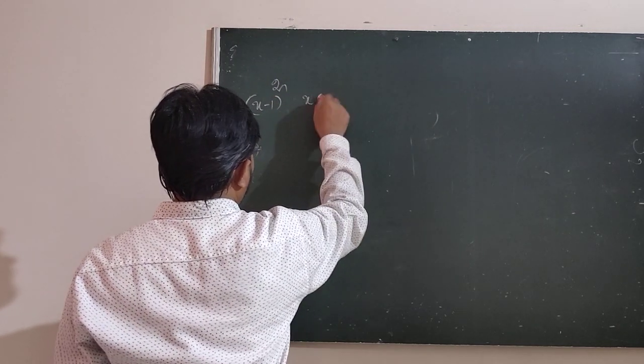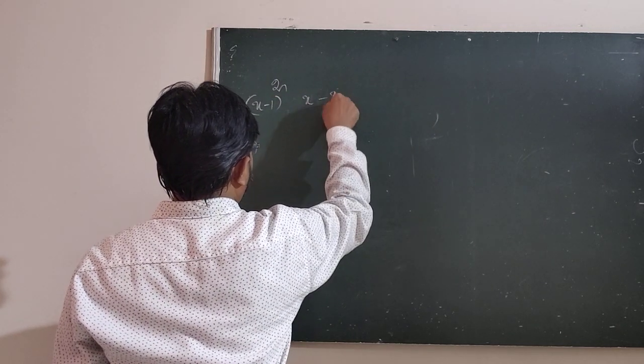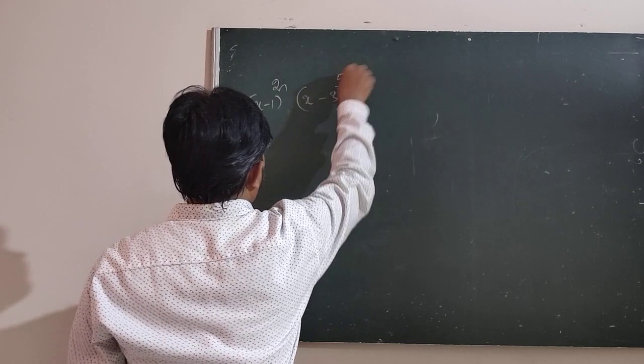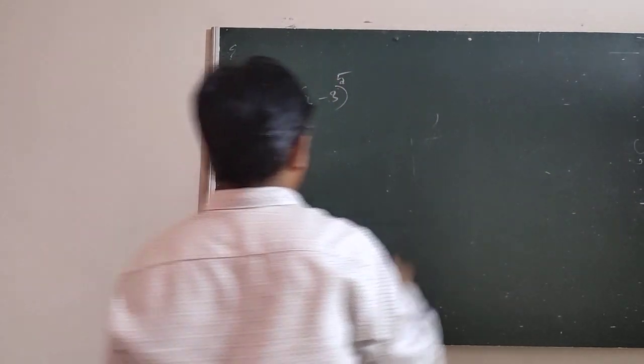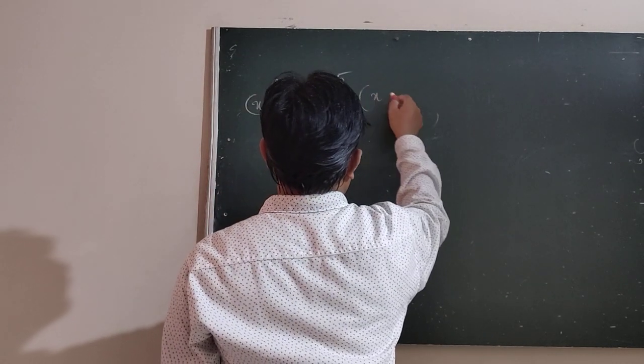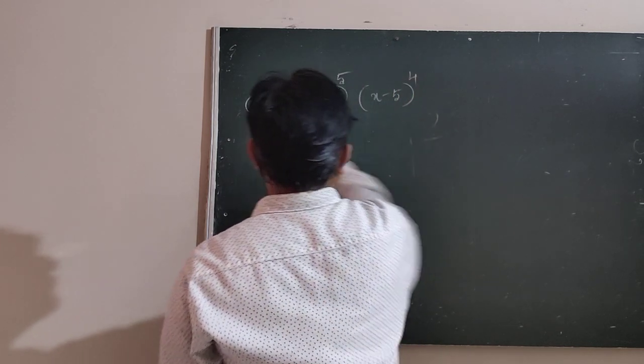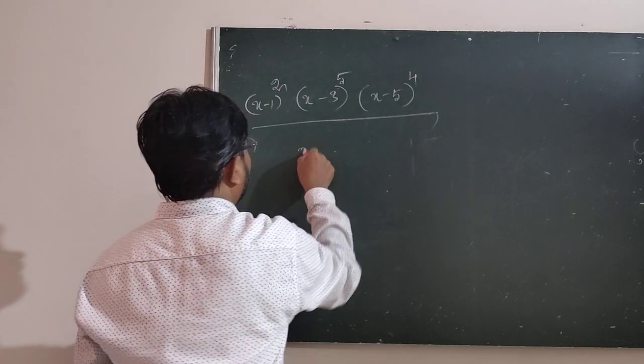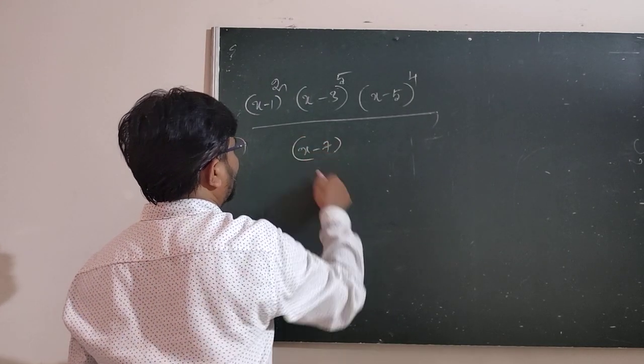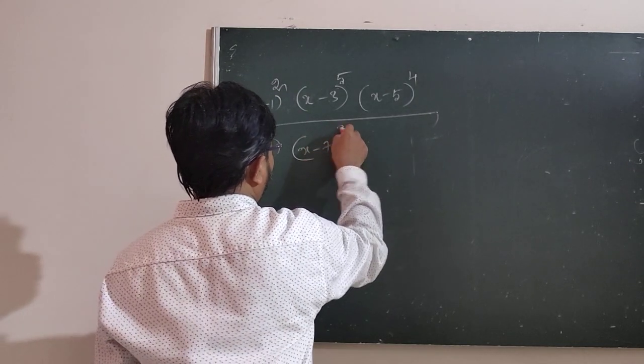Now we can write x minus 3 whole power 5. Now we can write x minus 5 whole power 4 and x minus 7 whole cube.